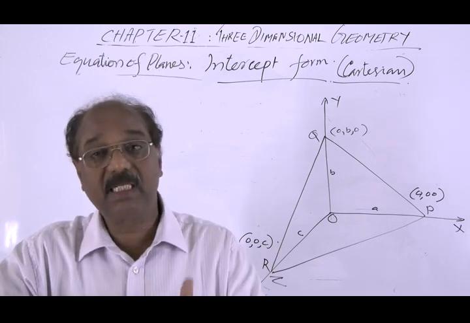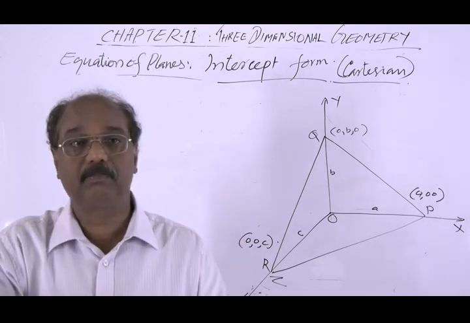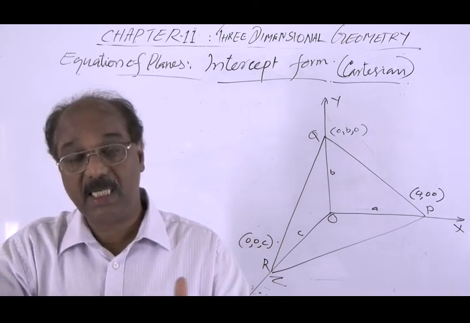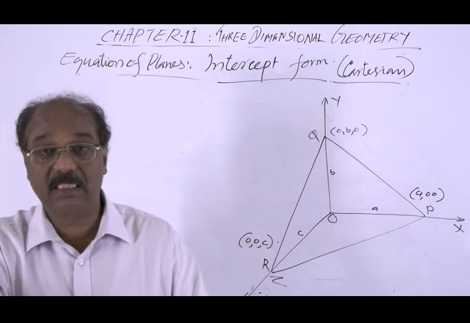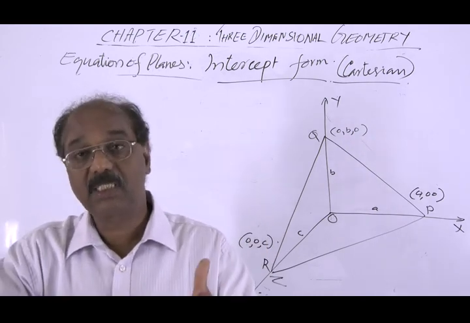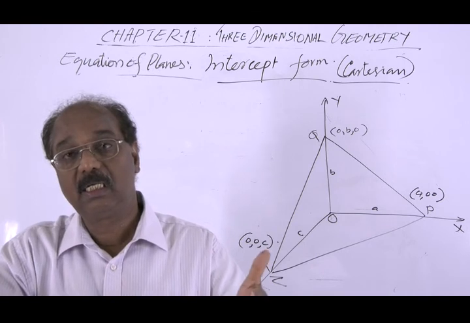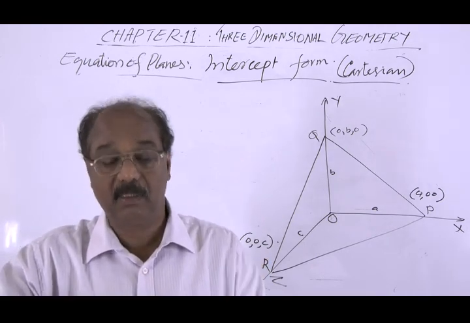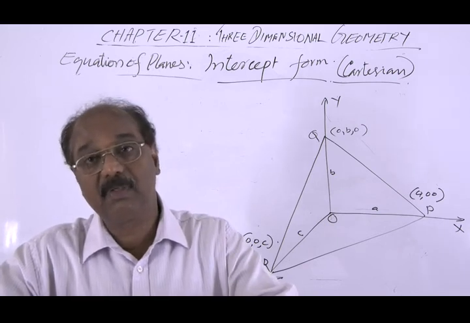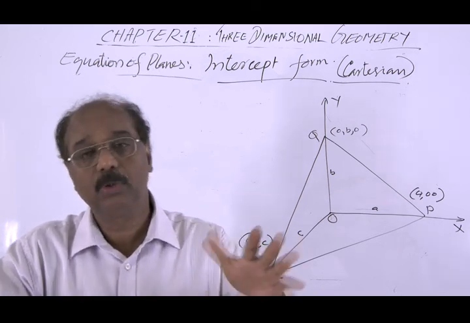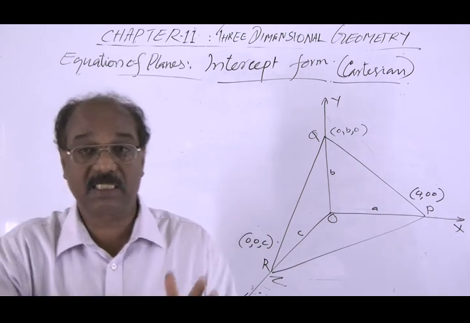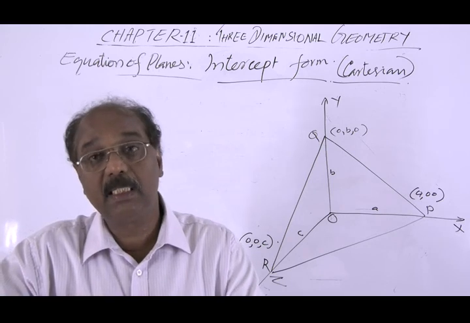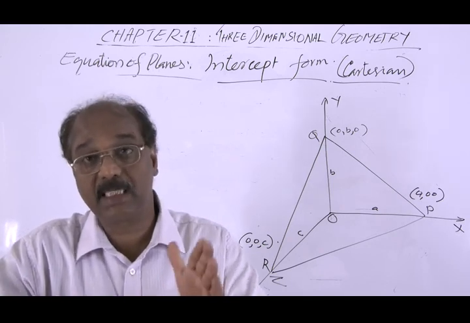Deriving the vector form of the equation directly, and also using the previous result to derive the vector equation as well as the Cartesian equation, can be done by you yourself as an exercise. We will discuss this later in the exercise, but anyhow you can try it yourself as a matter of interest. So anyway, come to the derivation of the plane in the intercept form directly.